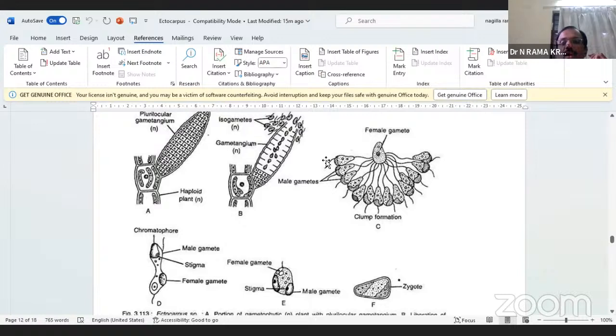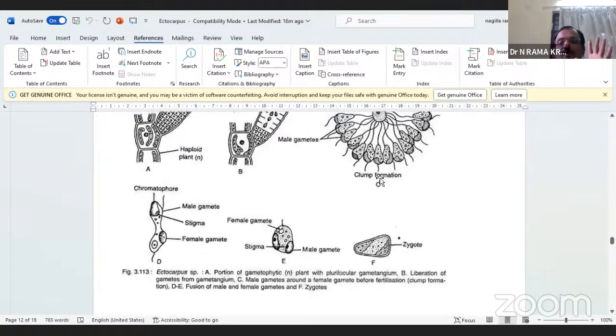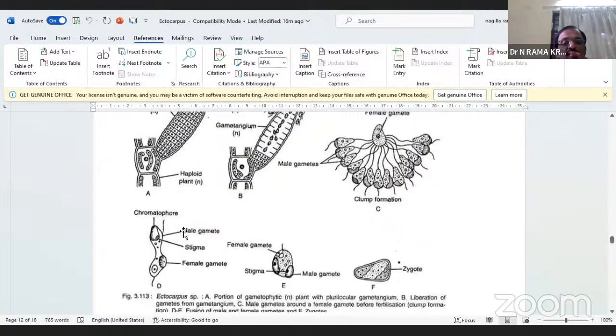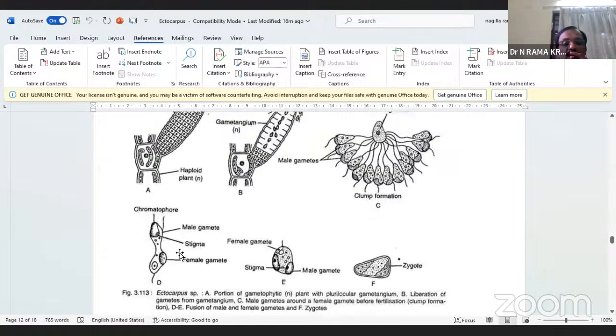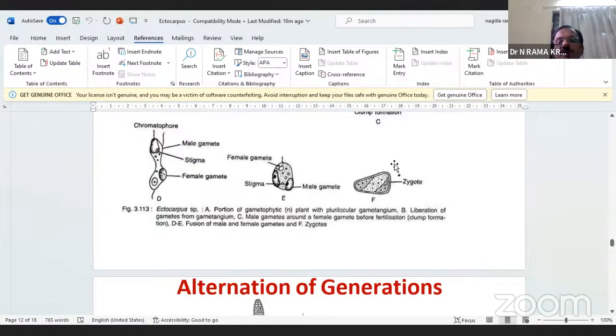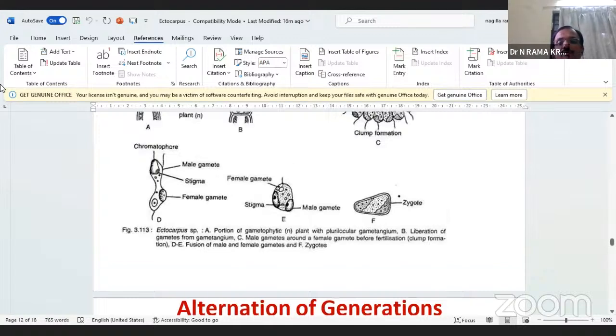Many male gametes come very close to the female gamete, but only one male gamete associates with it. When they enter together, we call that fertilization. After fertilization, the zygote is formed. This is the sexual reproduction system of Ectocarpus.